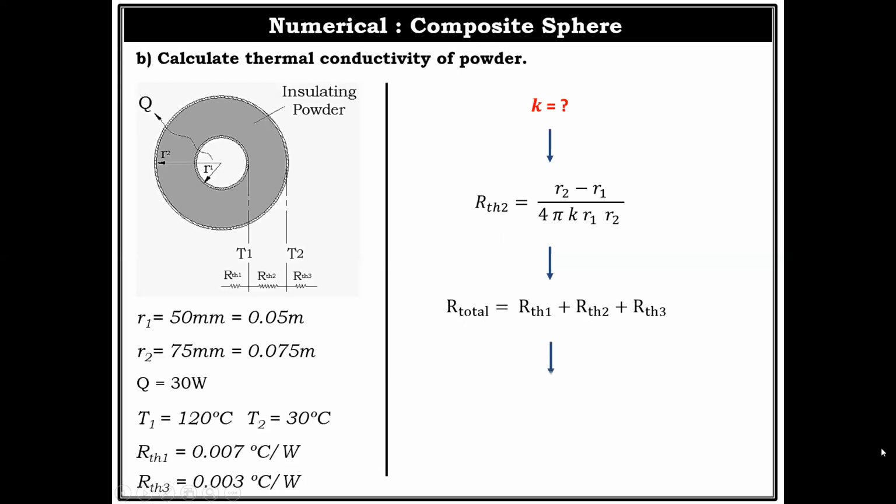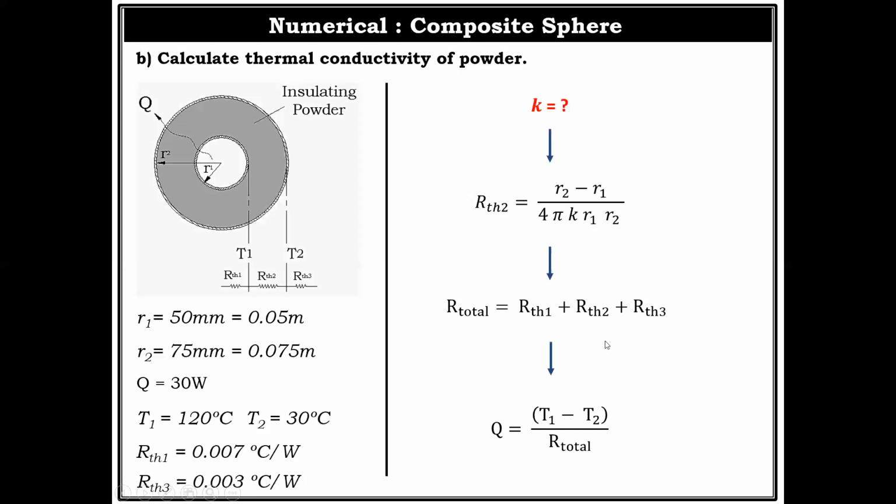R total is obtained from this formula: Q equals T1 minus T2 divided by R total. T1 is given, T2 is given, Q is given, so it is quite possible to find R total. Once we get R total, we will find R thermal 2.